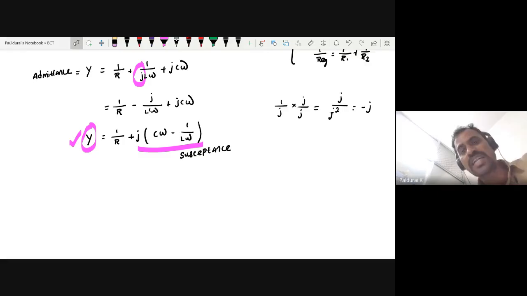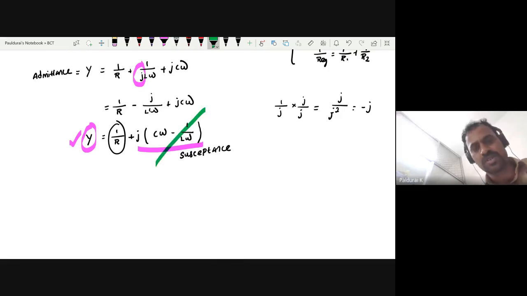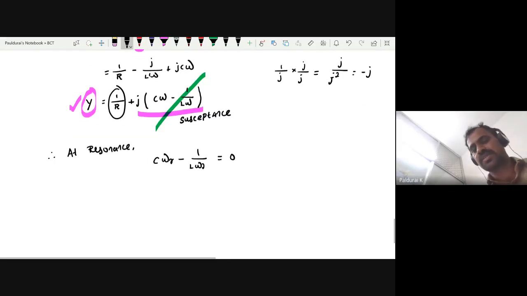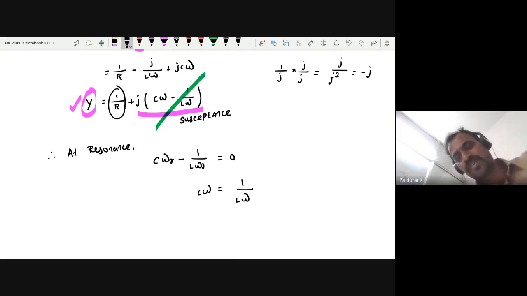Now at resonance, what will happen? You will get only resistance, so the imaginary part becomes 0. Therefore, at resonance, C omega r minus 1 by L omega r equals 0. So C omega r equals 1 by L omega r, so omega r squared equals 1 by LC.